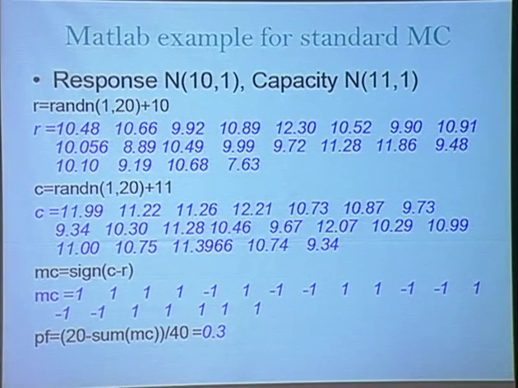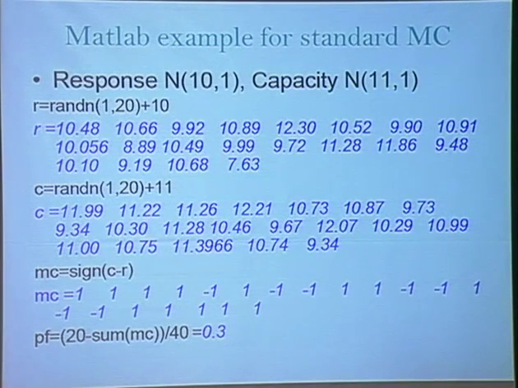And then I'm going to show you an example that has separability. So the first example is when the response has a mean value of 10 and a standard deviation of 1, and the capacity has a mean value of 11 and a standard deviation of 1.